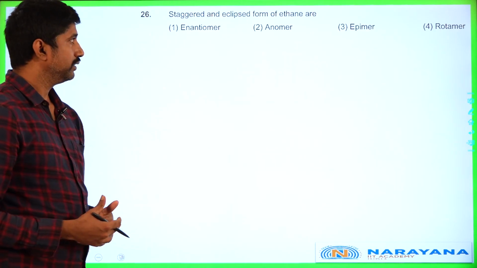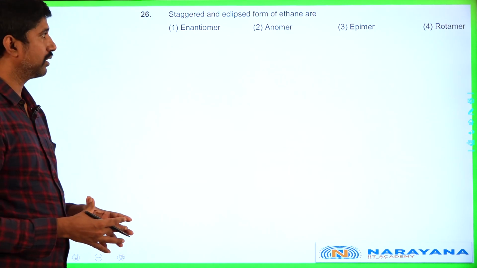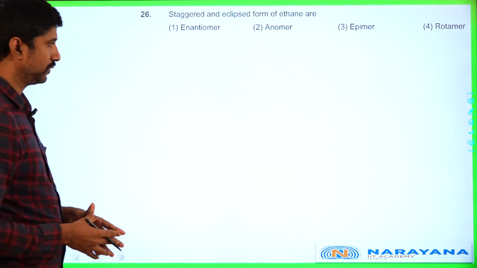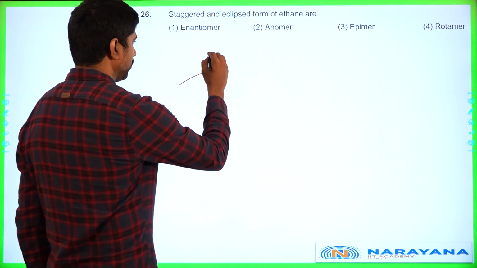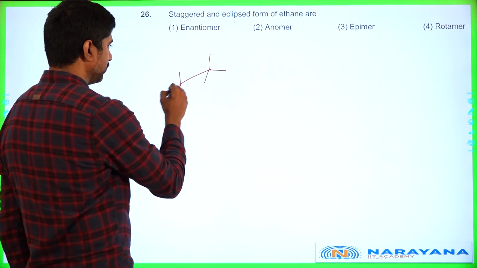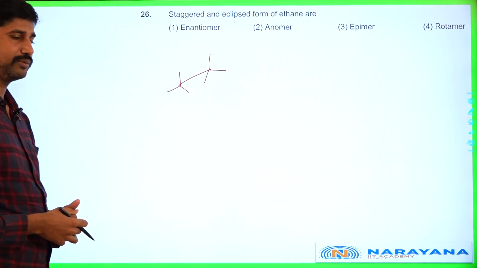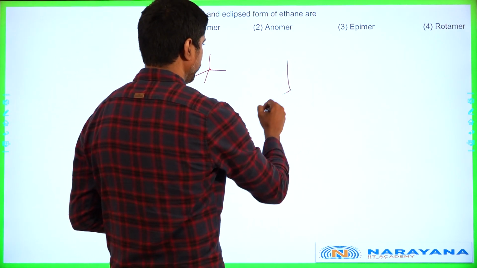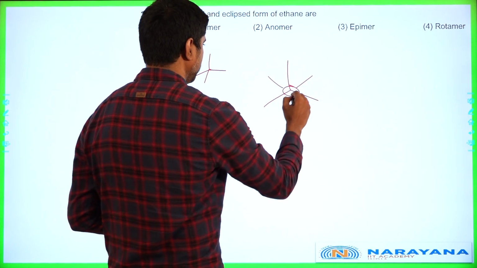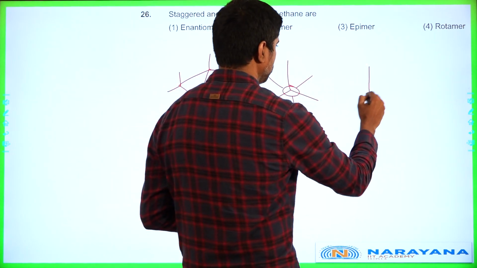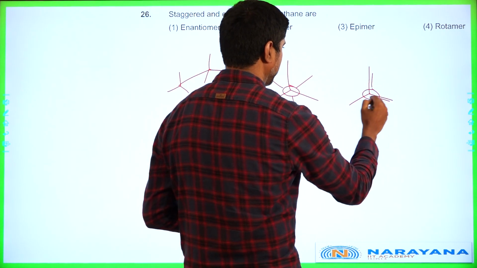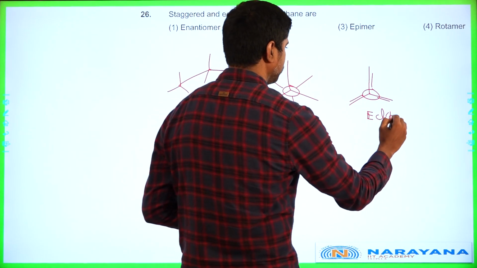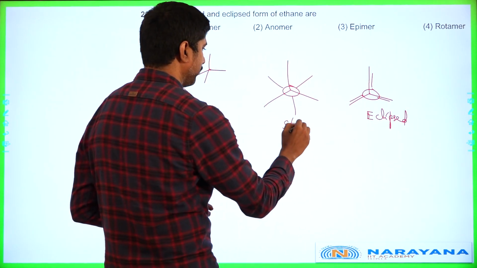And this is the last question given, which is memory based. Staggered and eclipsed forms of ethane. This is what we call the eclipsed form, and this is the staggered form. We write just the representation here. This is the staggered form, and another one we can write here. So this is the eclipsed form and this is the staggered form.